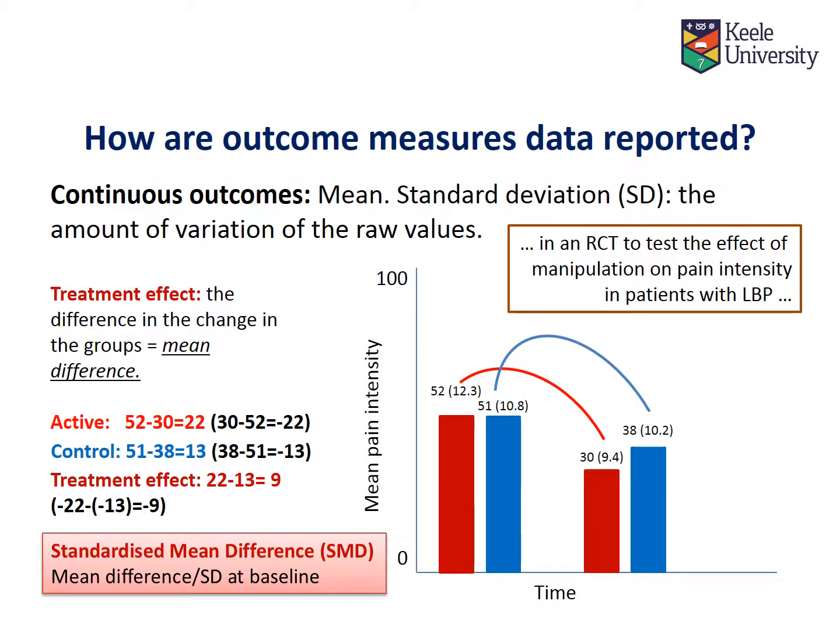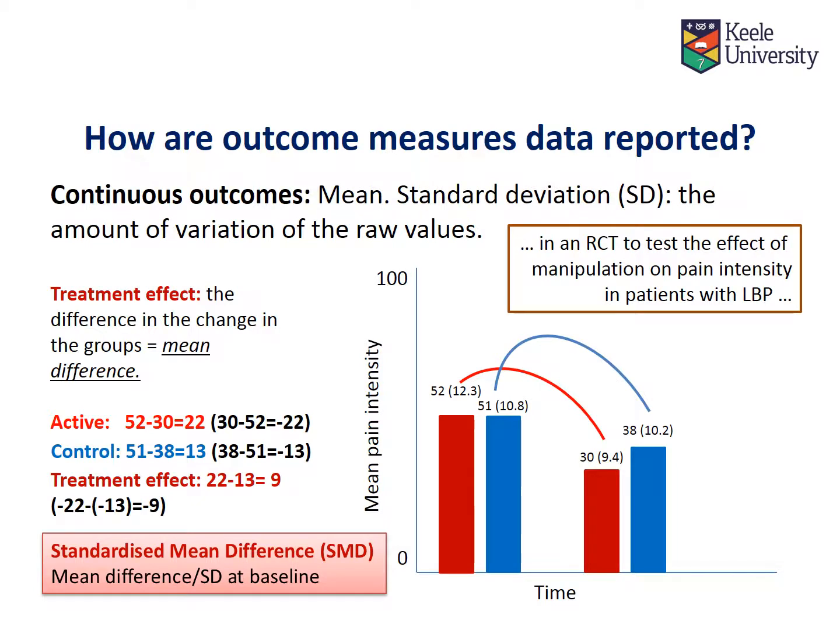So when we calculated the active arm, for example, we said the difference in the mean was 52 minus 30, that gave us 22. That is the mean difference. When we calculate the standardized mean difference, the SMD, we then divide the 22 by 12.3, which is the standard deviation at baseline in the active group.